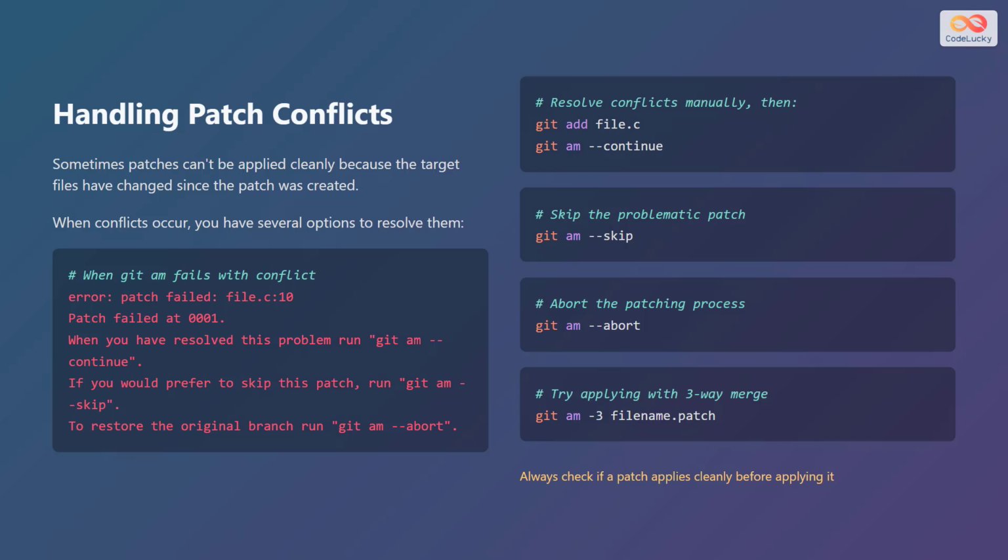To skip the problematic patch, use git am --skip. To abort the patching process, use git am --abort. Alternatively, try applying with a three-way merge using git am -3 filename.patch. Always check if a patch applies cleanly before applying it to avoid conflicts.